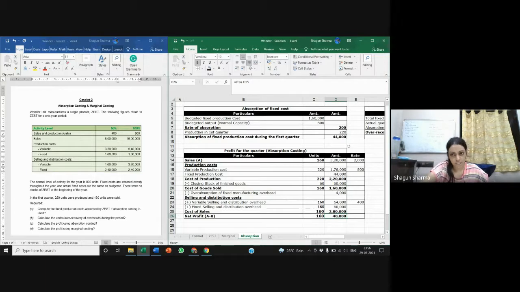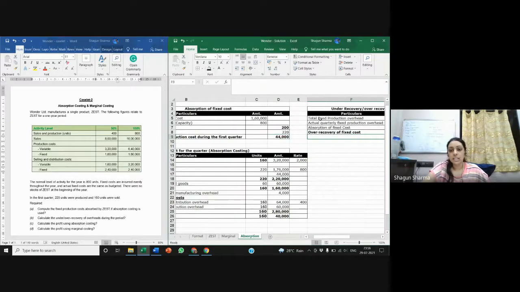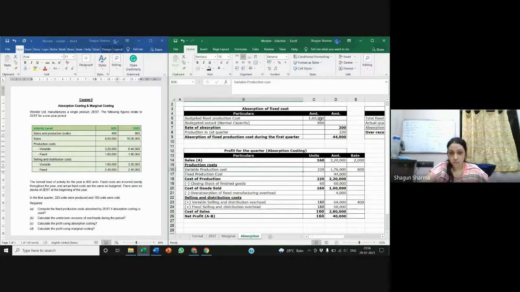So we took the budgeted overheads, divided it by number of units, treated it like a variable cost, found the rate of absorption, multiplied it by number of units, and we decided कि हम 44,000 पे cost absorb करेंगे. Okay, so here we charge the cost of production as 44,000. Then we did the closing stock adjustment because sales 160 units का है तो अपन ने 60 units का cost हटा दिया and we came to cost of goods sold.